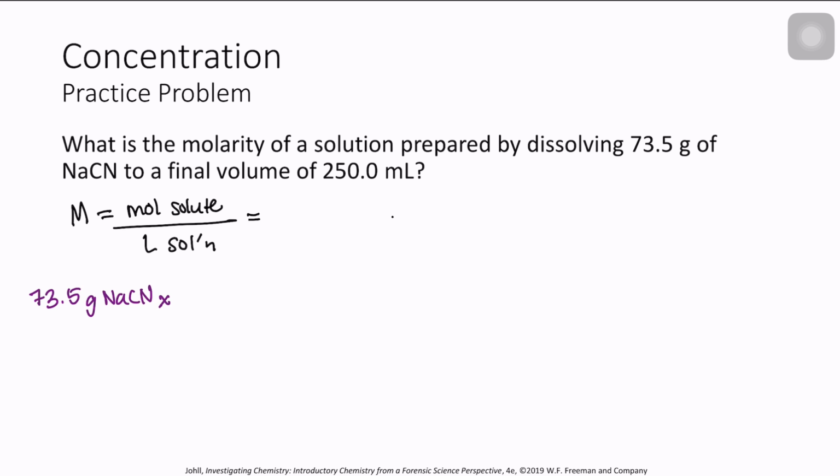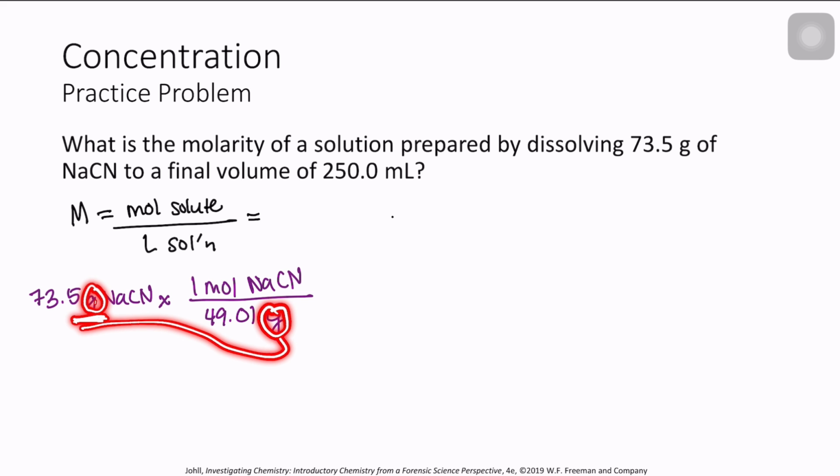All right, so 1 mole of sodium cyanide is equal to 49.01 grams. Hopefully that is what you got as well. You might be asking, why did you write it in that way? Well, if you remember, our grams have to be on the top and the bottom. Whatever unit I have here, I have to have in the bottom of my conversion factor so they can cancel out.